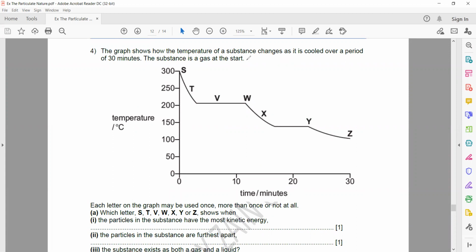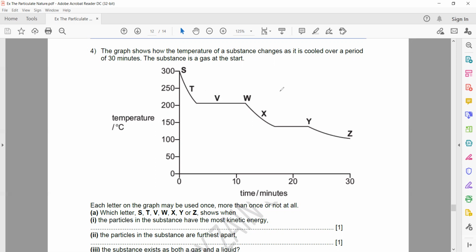When the temperature is constant, it means there is a change in the state, like either a solid turned into liquid or liquid turned to gas, or a gas turned into liquid or a liquid turned into solid.